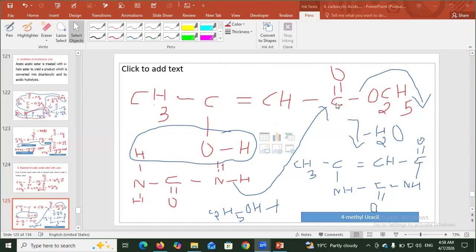Again, this carbon is electron negative, so abstracts this hydrogen, removing water produces 4-methyl uracil.